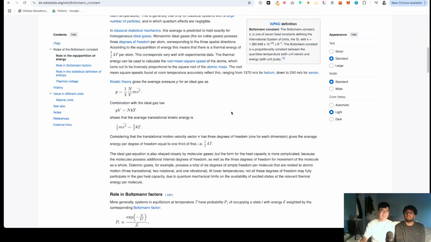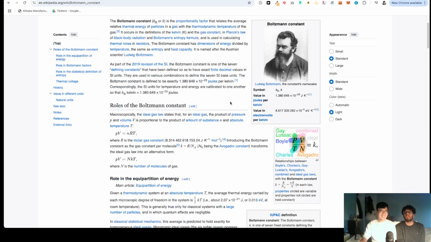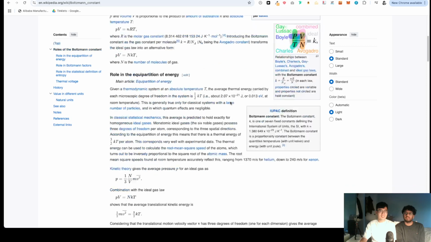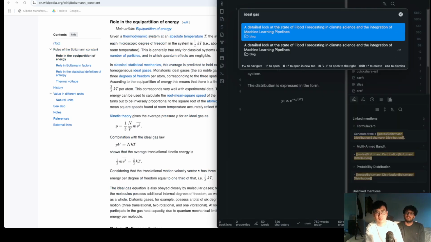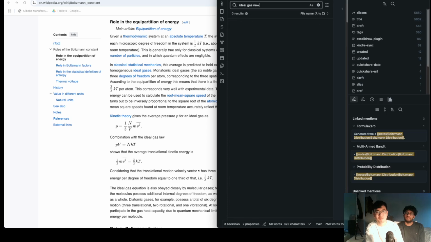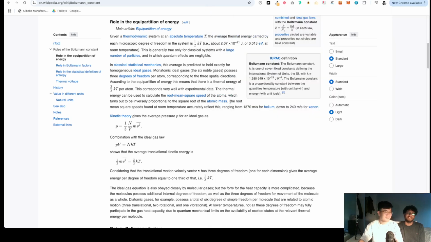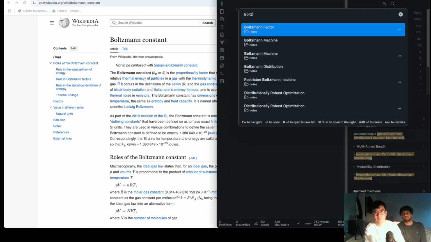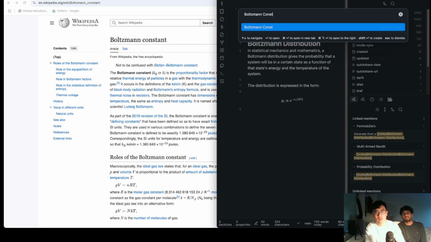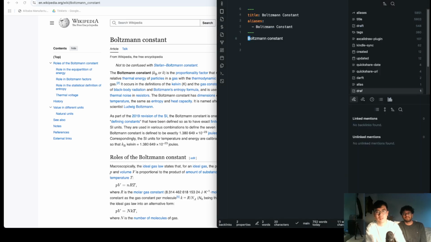PV equals nRT. Where's the constant? PV equals nkT, and R is the constant. Yeah, R over N_A. What is this called? PV equals nRT? That's the ideal gas law. Damn, I have no chem notes. I'm washed. You're cooked, yeah.